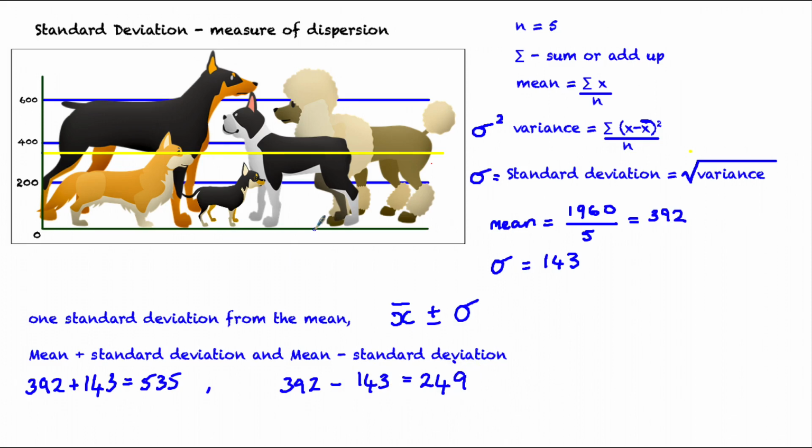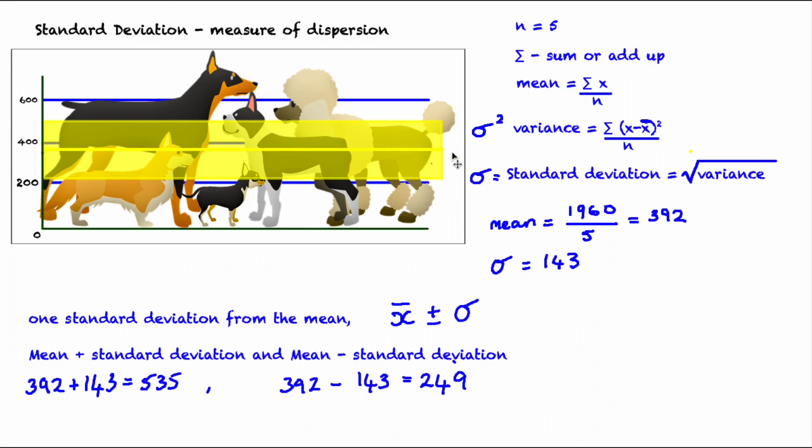Let me show you. So it gives me a band which looks something like this. This is my mean line, and that's the value of the mean minus the standard deviation, and that's the value plus the standard deviation. This band might contain what I would call normally height dogs.